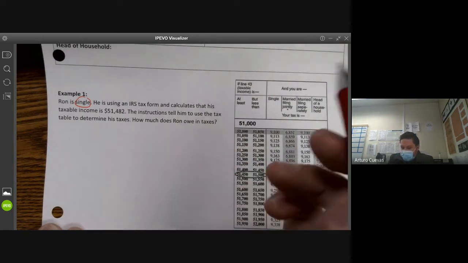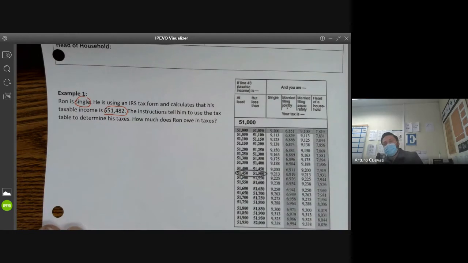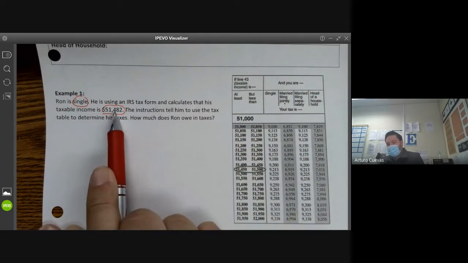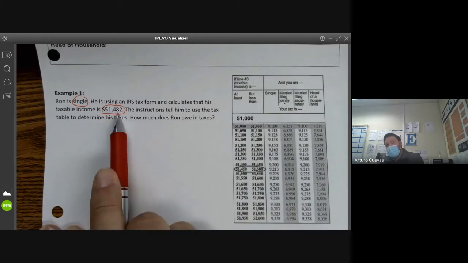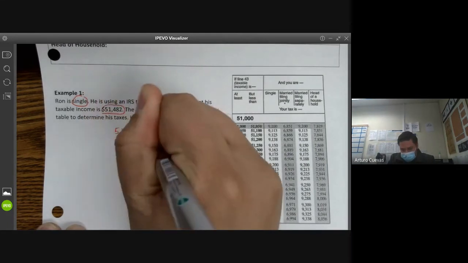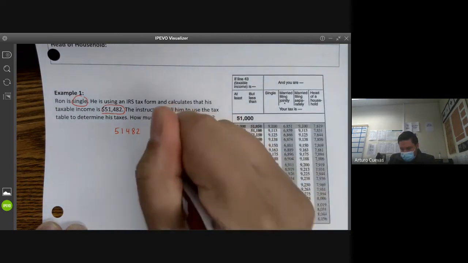Okay. His taxable income is 51,482. So we have to look at the table and figure out where this amount lands. And I circled it for you. You see? 51,482 is right here.